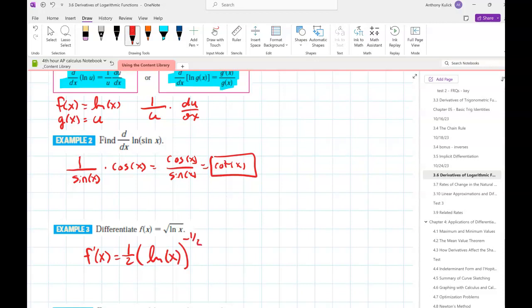And then the derivative of the inside is 1 over x. So we could just write this as 1 over 2x square root natural log x. Okay there? So far, so good?